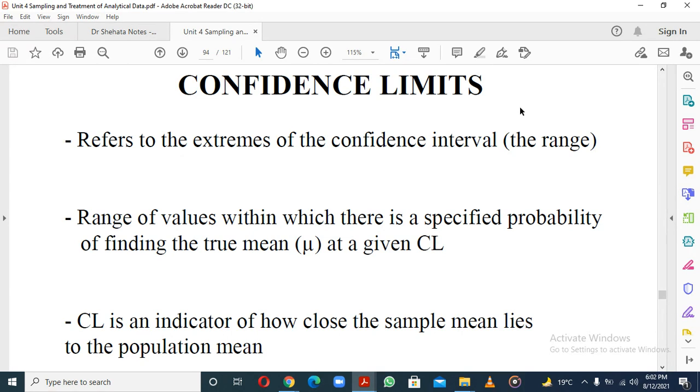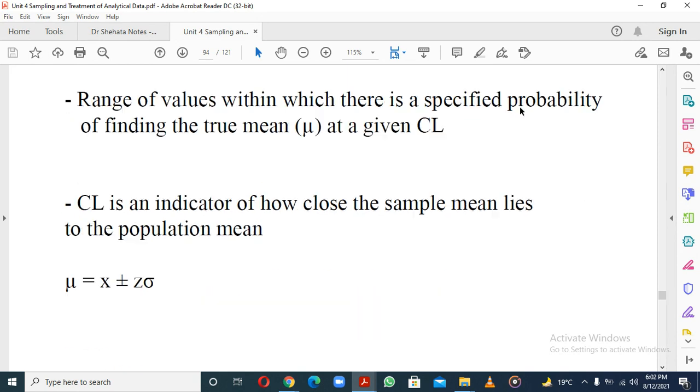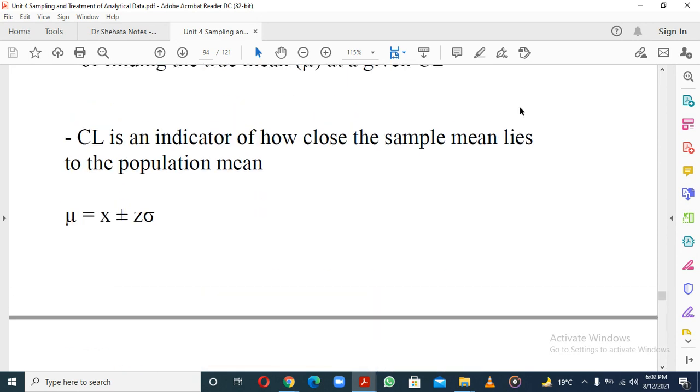And the confidence limit is an indicator of how close the sample mean lies to the population mean. So we discussed what the sample mean is yesterday and what the population mean is. So what this simply means is this: that U-shaped thing, we call it mu, that's the population mean, is equal to x, that's the sample mean, with a dash on top, plus or minus.